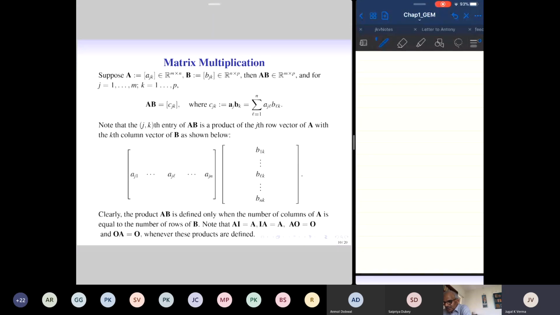All entries will become 0. 0 times A will also be 0 whenever these products are defined.